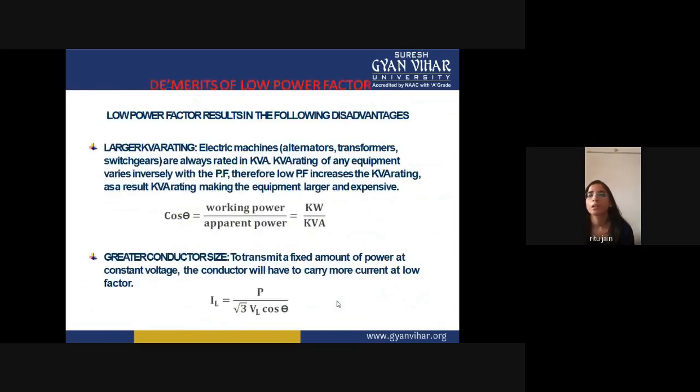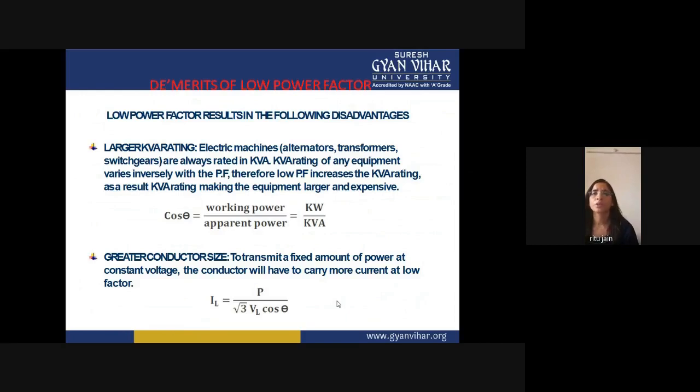So what are the demerits of low power factor? How can it affect your system? Low power factor results in the following disadvantages. One is larger kVA ratings. If your power factor is low, then the equipment you are using in switchgear, for example alternators and transformers, always requires a high power rating.